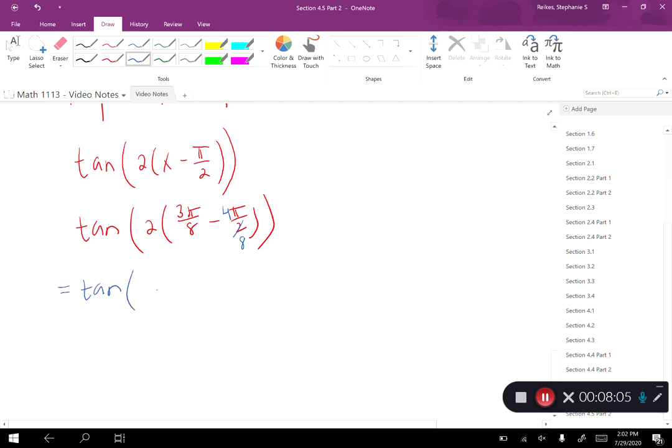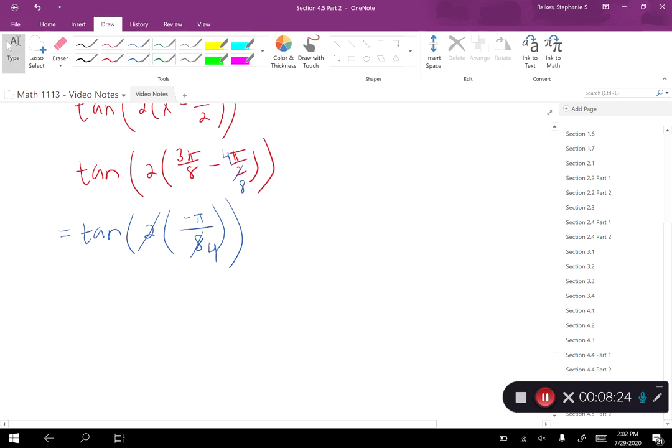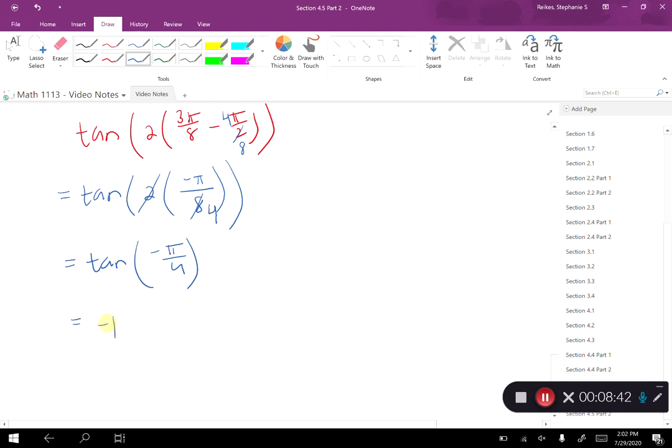That's going to give me tangent 2, 3 pi, oh, let me do the math, sorry. That is 8 on the bottom, 3 minus 4, so I got negative pi over 8. There we go. Then I can go ahead and reduce, multiplying by 2. That's going to change to 4, and so I have tangent of negative pi over 4. Well, tangent of negative pi over 4, remember tangent is y over x, and this is going to give you negative 1.